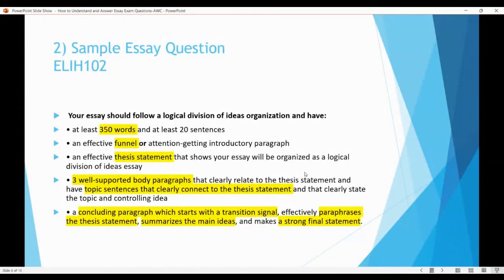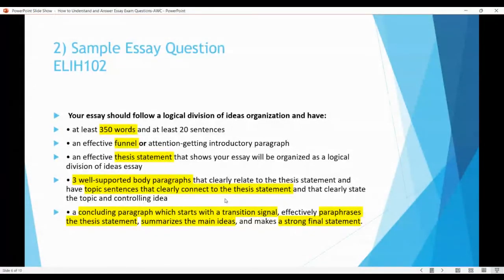If you write something in body paragraphs that is not related to what you have said in the thesis statement, students will be marked down, because there is no logical link between what you said in the thesis statement and what you are writing in the following paragraphs.